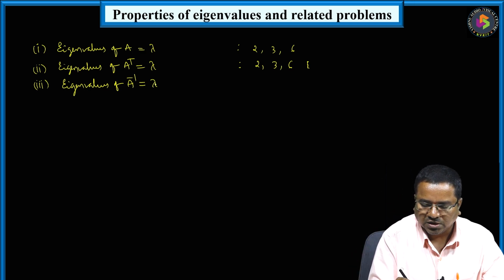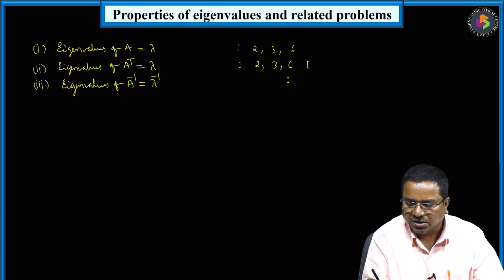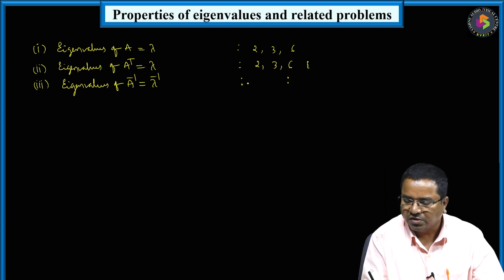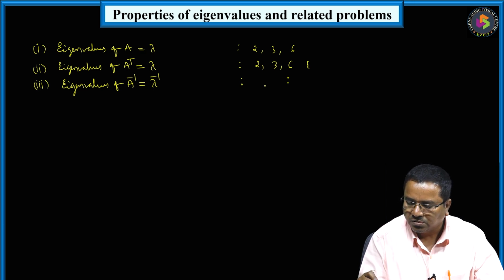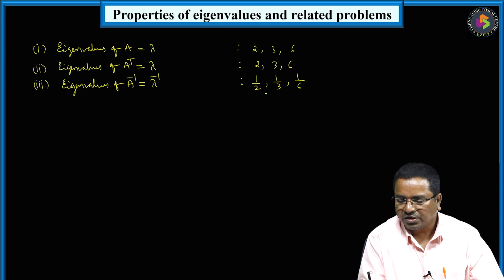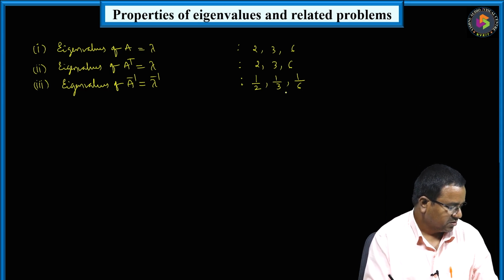So once we have the lambda, just take the reciprocal. The reciprocal will give the eigenvalues of A inverse. So 1 by 2, 1 by 3, 1 by 6 are the eigenvalues of A inverse.